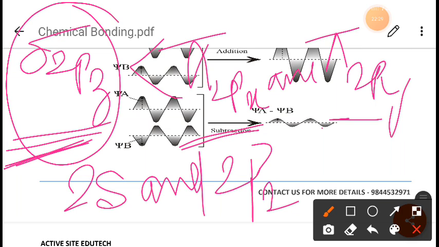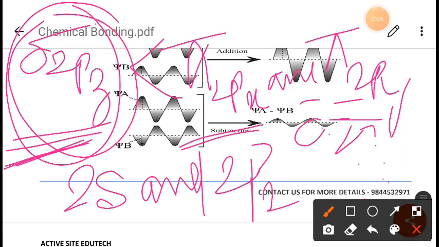And this lack of mixing tends to stabilize the resulting sigma 2pz molecular orbital.